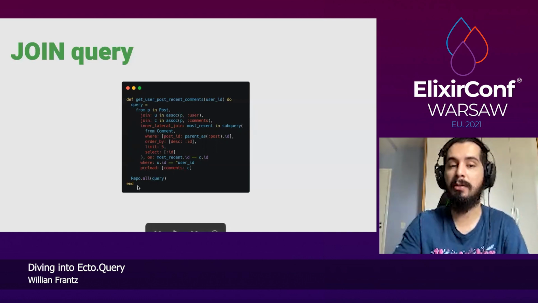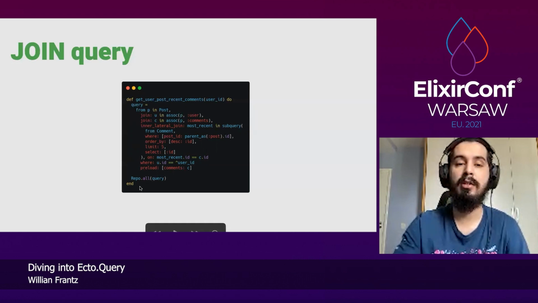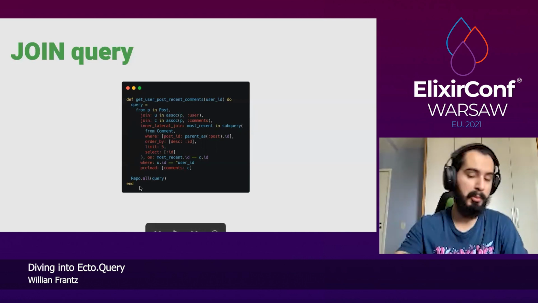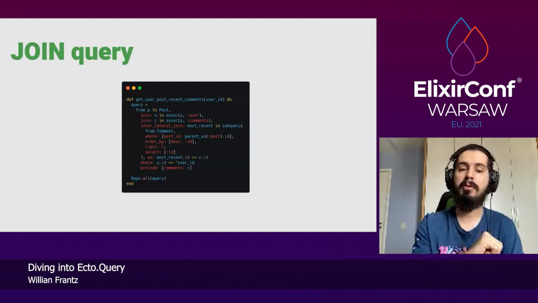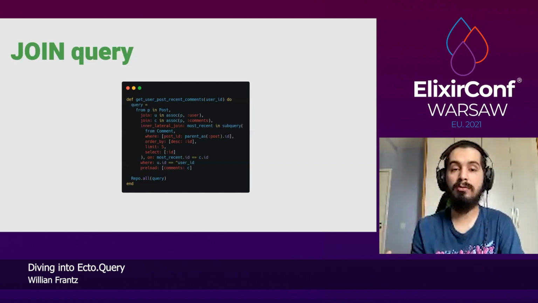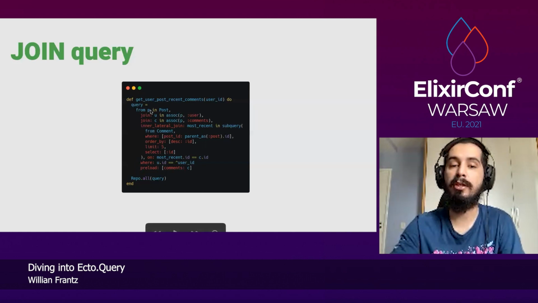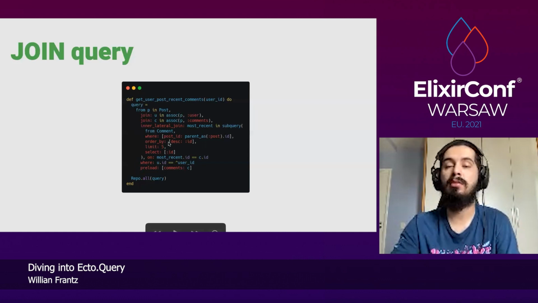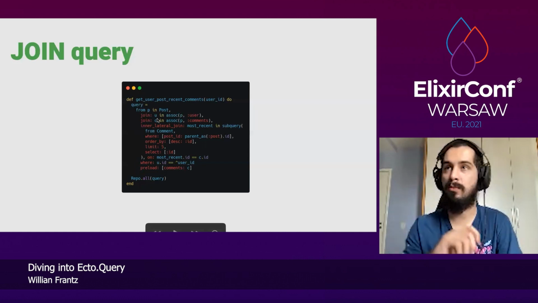And we are applying the Repo.all here at the end. So remember, every time I'm creating a query, I need to pass that query to the Repo to be executed. If I don't do that, the query will only generate a struct, an Elixir struct, and it's never going to hit the database. It's not going for a round trip.